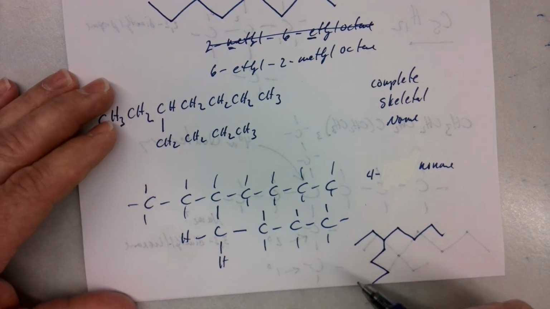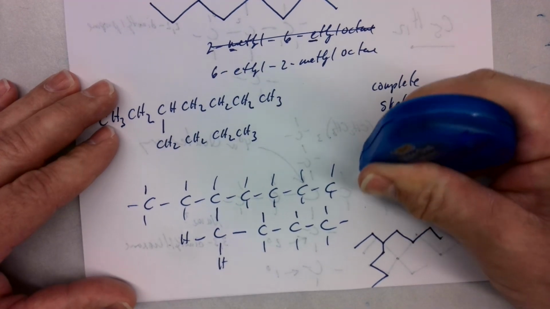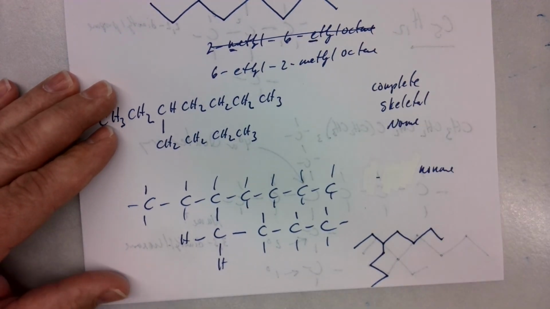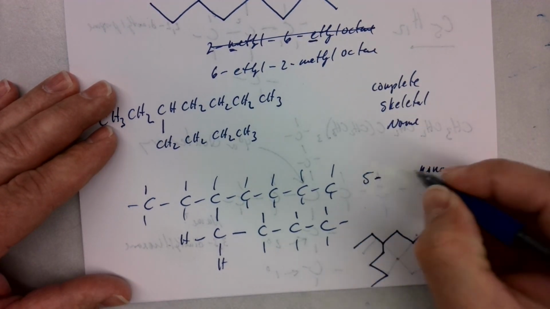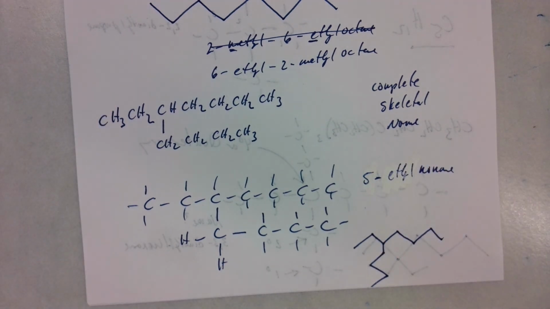It's 5. Oh, it is 5 because it's 5 either way, isn't it? Yeah. So if I go 5 left, 5 right, 5-ethyl nonane. Now, don't you start on the left because the branch is, okay, but remember, this is why I chose this one, because of what Garrett did earlier.